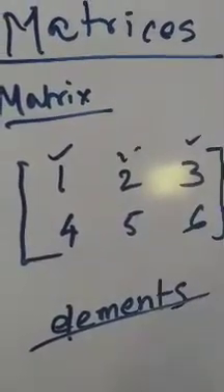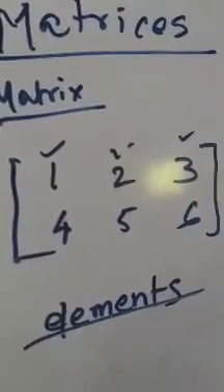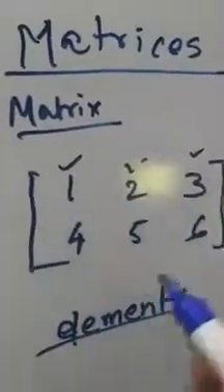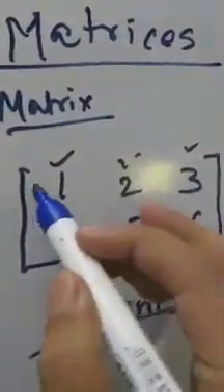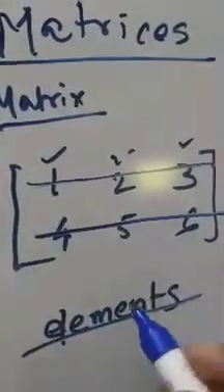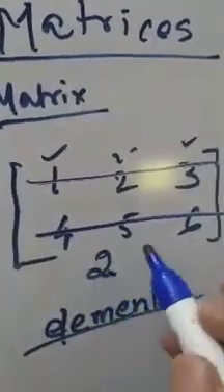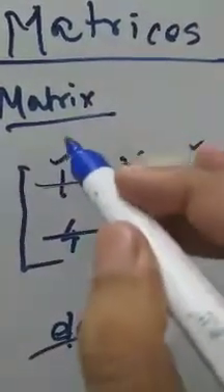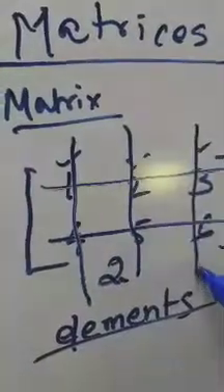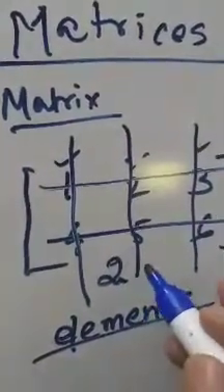Now, the matrix is recognized by the order. What is order? That is the number of rows and number of columns of a matrix. So this matrix which I have written has how many rows? 1 row, second row. So it has 2 rows, so I will write 2. And how many columns? 1, 2, 3. So there are 3 columns.